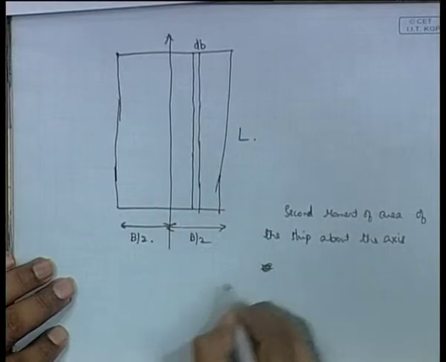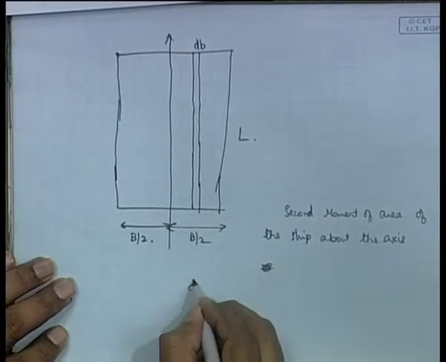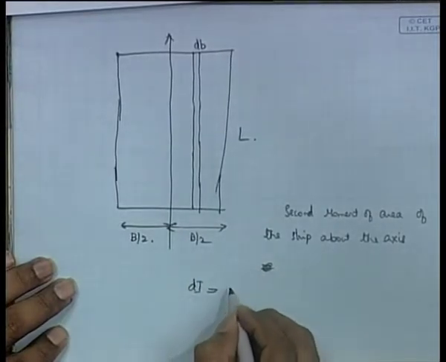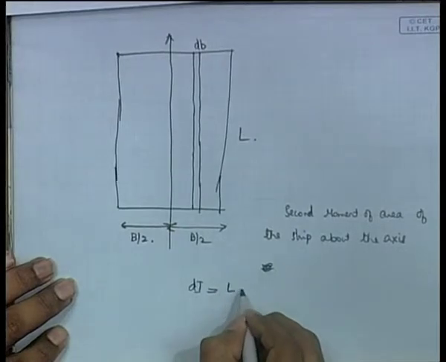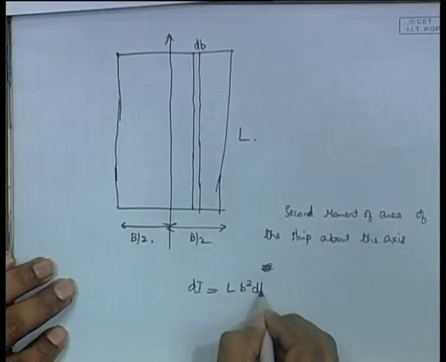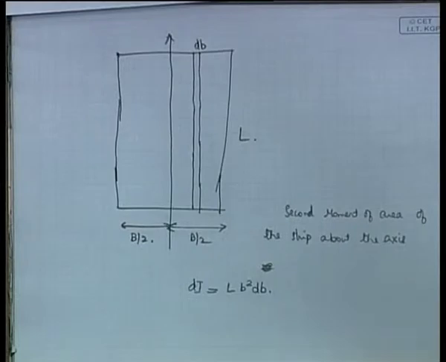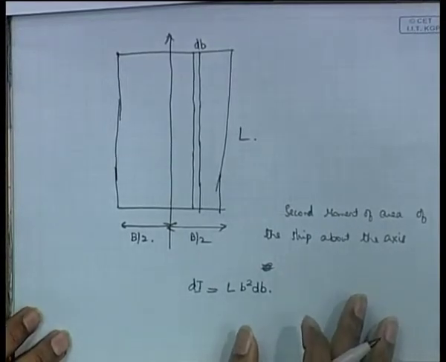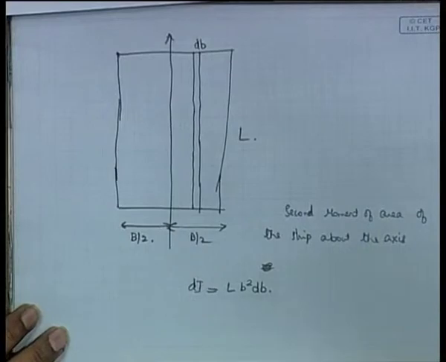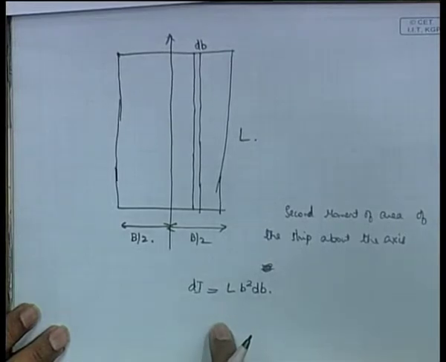It is given by, let's say, dI equal to L into b square db. This is the basic definition of moment of inertia. So you get dI, then from this it basically comes out as b cubed into L divided by, that is how we'll see it.